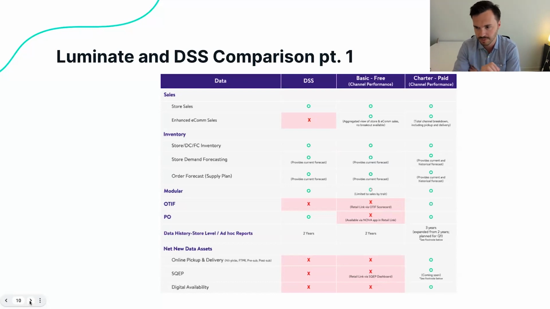It covers what has been added in with Luminate Basic that wasn't there in DSS, what functions were there in DSS that are being taken away in the basic version of Luminate, and then how you can get those back in Charter and all of that.